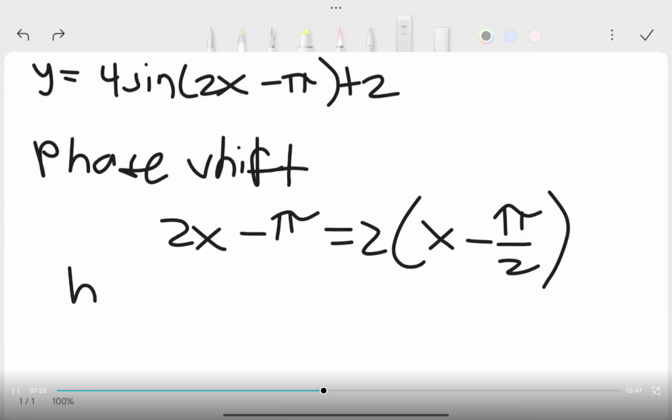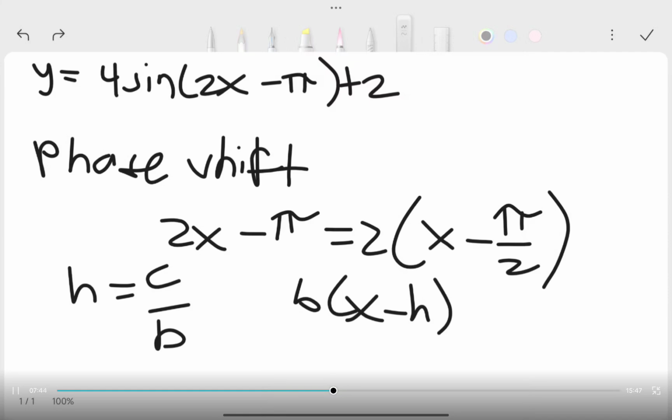Because we use h is equal to c over b, and b times the quantity of x minus h. So from here it shifts pi over 2 to the right.